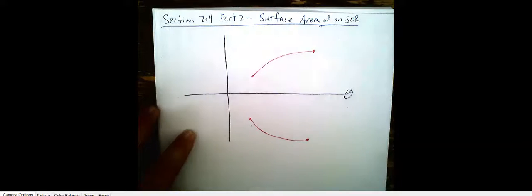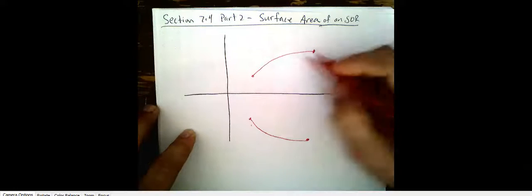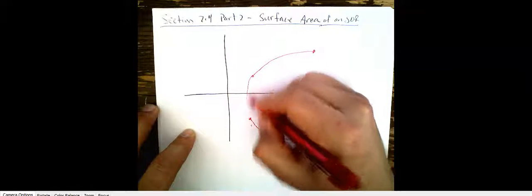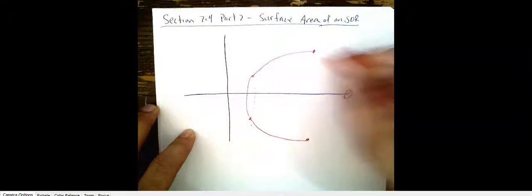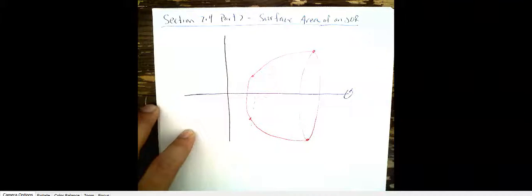Okay. So what we're looking to do is figure out what the surface area of this surface that's generated when we spin it. So this surface area here, okay?